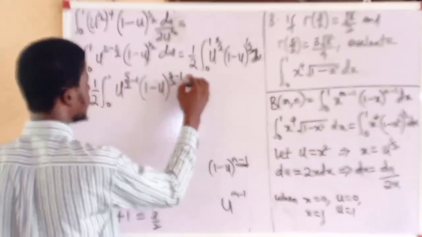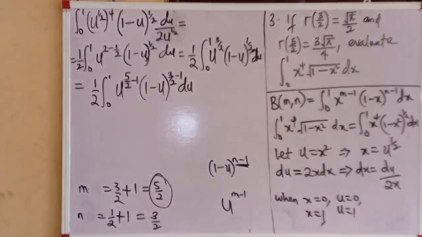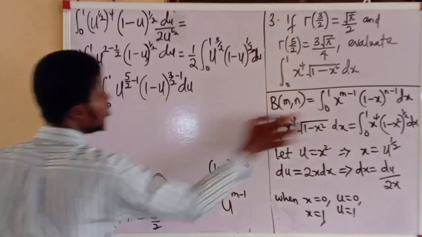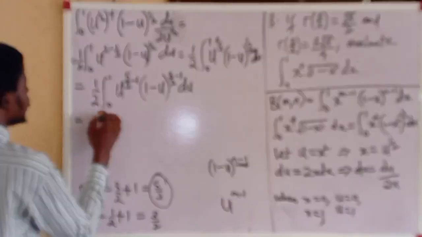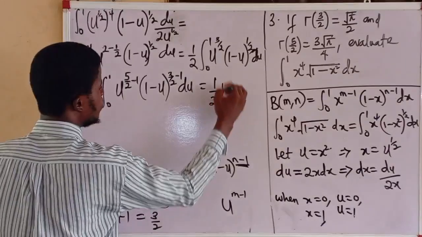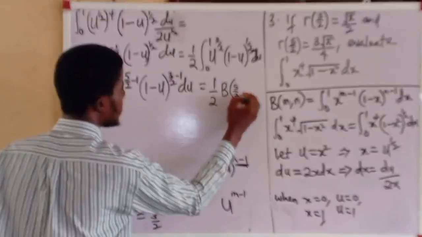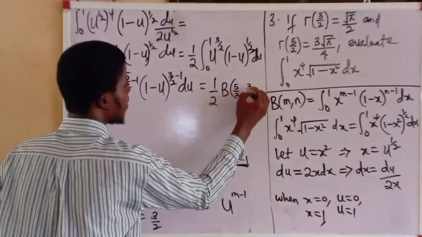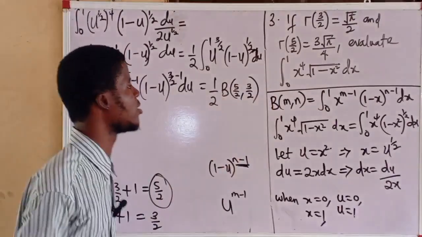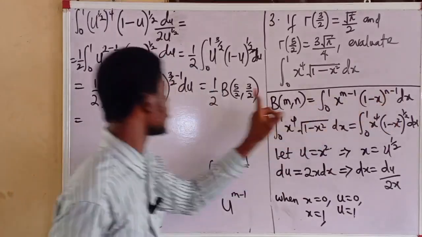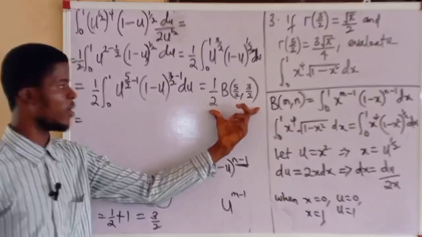Then our du. So it is as simple as this. It is very obvious that this integral now, if you compare it with this, we can say it is equal to 1 over 2 beta of 5 over 2, comma 3 over 2. Look at it. m, which is 5 over 2 here, n, which is 3 over 2 here. That's what we have here.